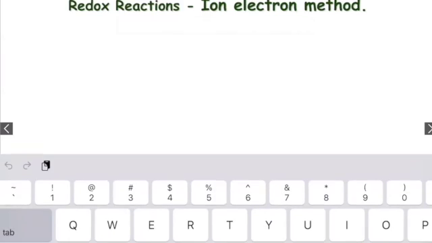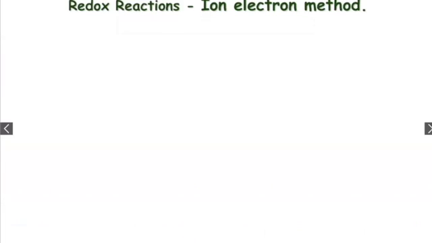So we're doing this under acidic conditions, which means that H+ is available. And you might say, well, what if it's under basic conditions? We'll take care of that. Okay, what if it's under neutral conditions? Remember that we are always working with aqueous medium. All the reactions we have talked about in this course are in aqueous medium, which means water is involved.